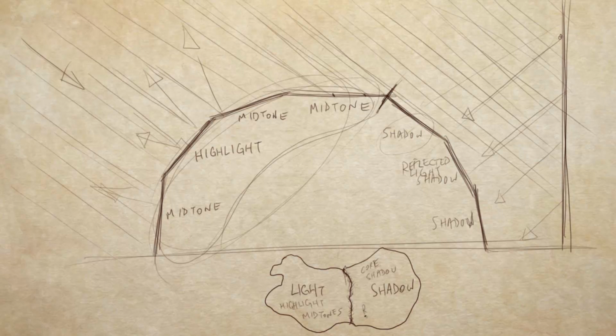And then you have reflected light. So even though it's called reflected light, it's still in the shadow family. It's on the shadow side. And this border that separates the two, this one right here, is called the Terminator.